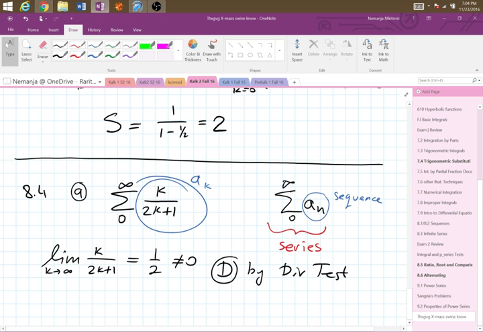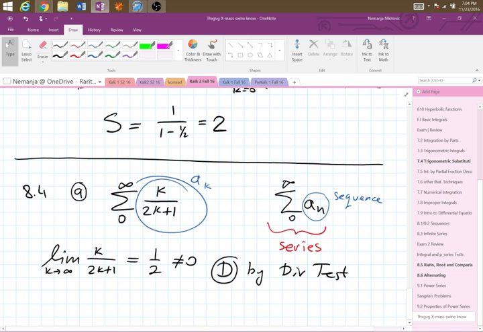If the limit is 0, then it could go either way. We know that 1 over n diverges as a series but converges as a sequence, so we have to be careful. Only if the limit is different than 0 can we claim divergence immediately for the series. If the limit is 0 for the sequence, then the series can do either.